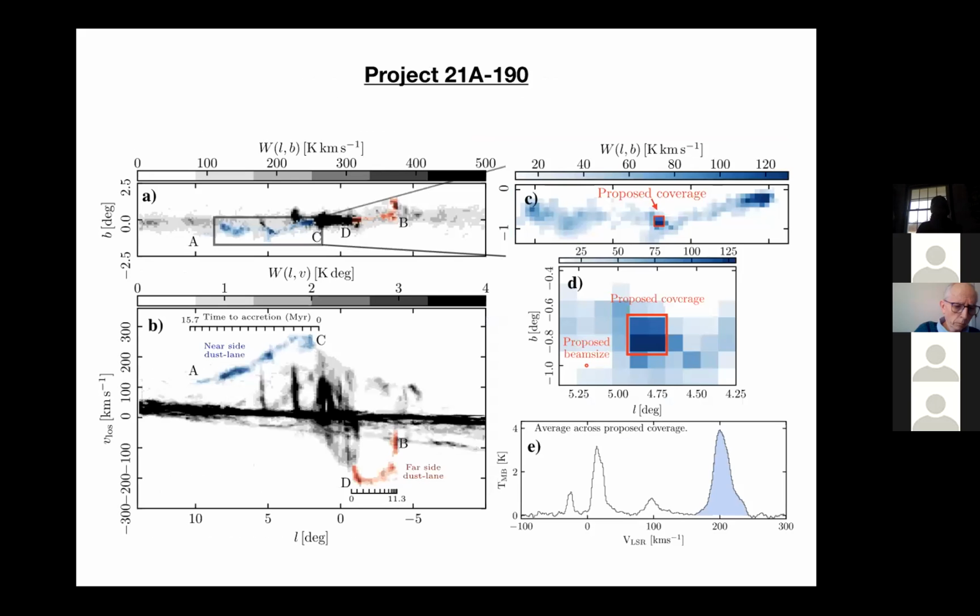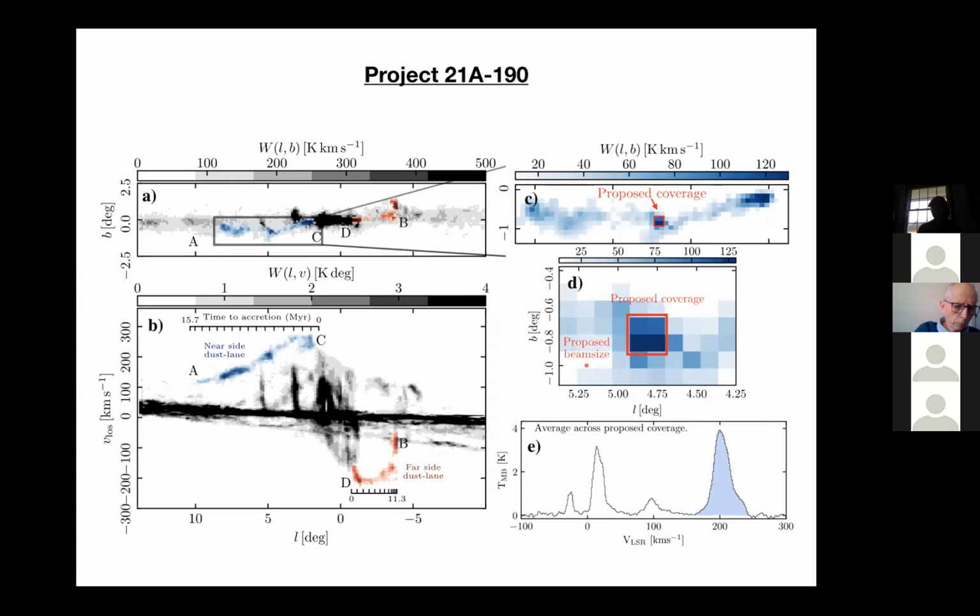Okay. So the first pilot study that we conducted was towards the midpoint of the bar. So the figure that's shown here on the left was the one that I showed earlier, where you can just see the orientation of the bar relative to the galactic plane. And then the figures on the right just show an inset of the region that we were targeting. So we were targeting roughly the midpoint of the bar, which is around 4.5 or 5 in galactic longitude.